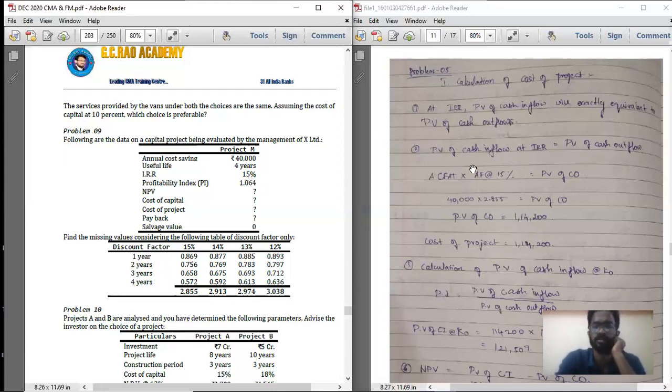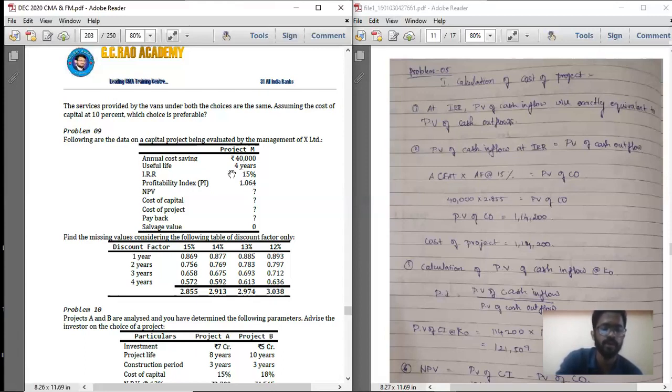Below that, first take down the formula: present value of cash inflow at IRR is equal to present value of cash outflow. And below that, what is the present value of cash inflow at IRR? Normally, to calculate it, the annual CFAT is the same for every year. So annual CFAT into the IRR rate, 15%, for the project life of 4 years.